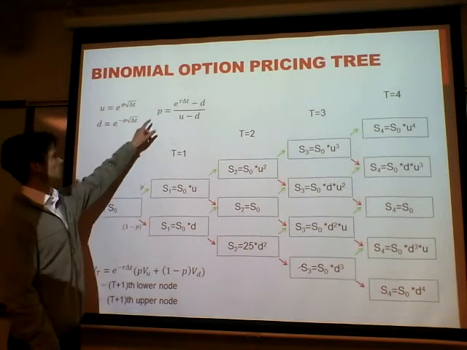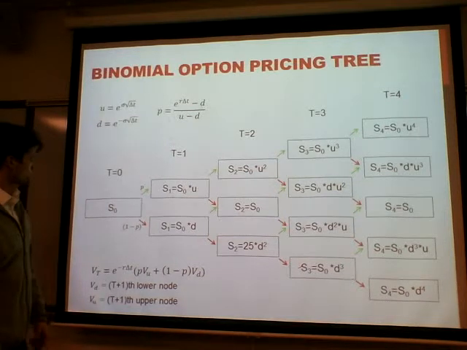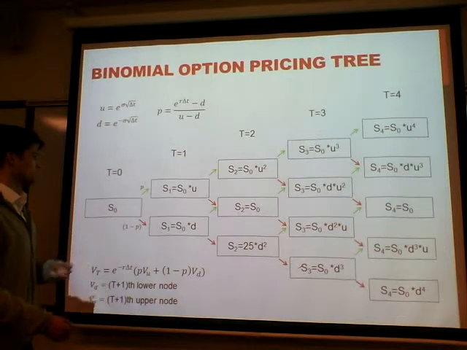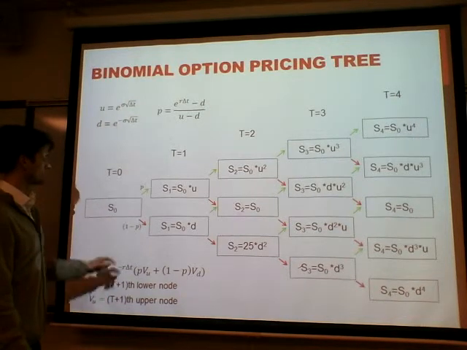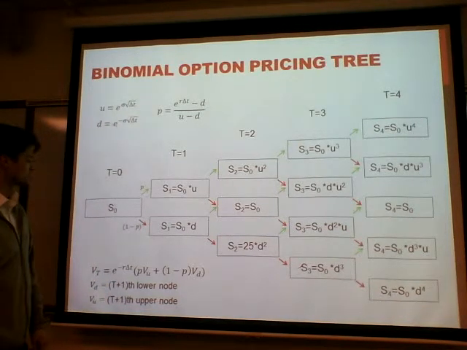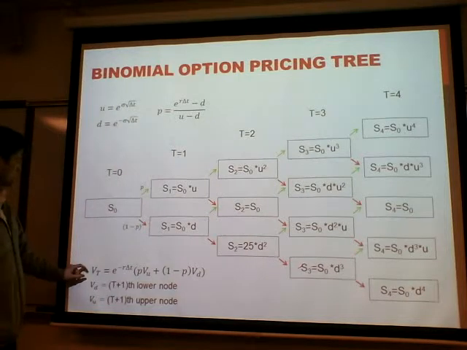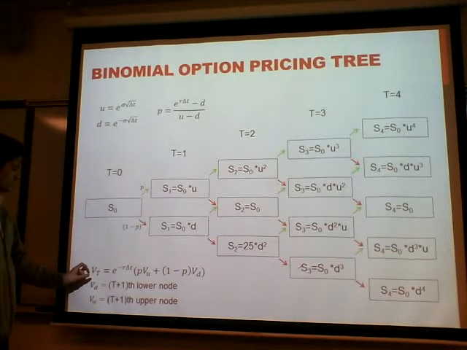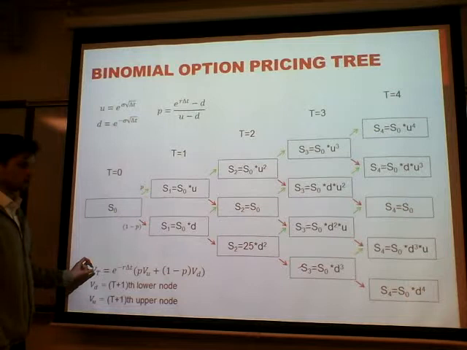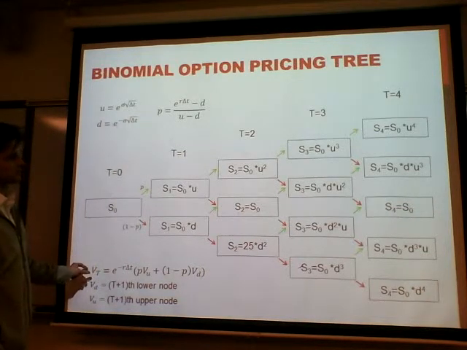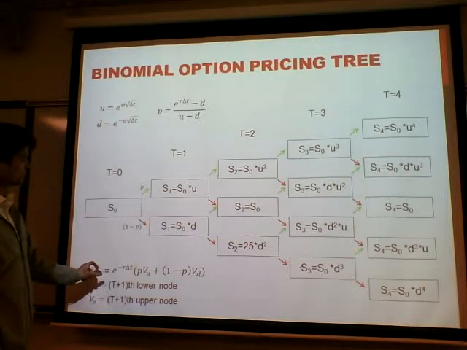This is going to be our probability equation, and this will dictate the probability p that the stock will move up, and then 1 minus p will be the probability that it moves down. This equation right here will allow us to price the options not at the final nodes, but at the nodes prior to that.